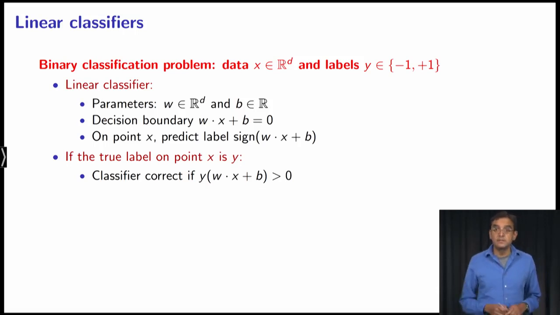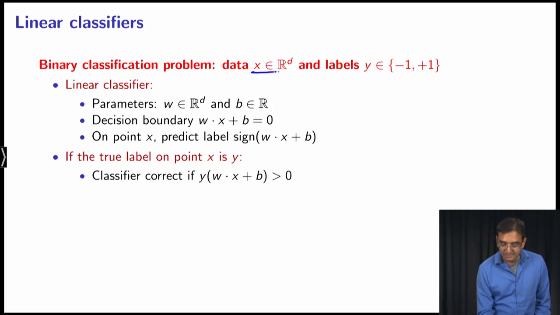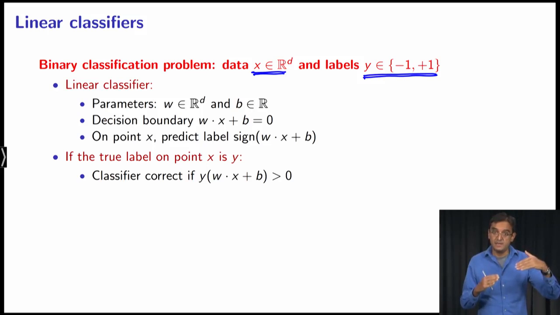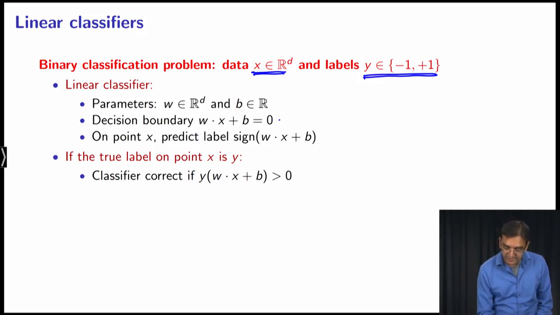Okay, so in a little bit more generality, if we have data now in d-dimensional space, so points x in Rd, and two possible labels, plus 1 and minus 1, this is a general setting for binary classification. We're going to be looking at situations where we have a linear classifier. So there's a decision boundary, which is linear.